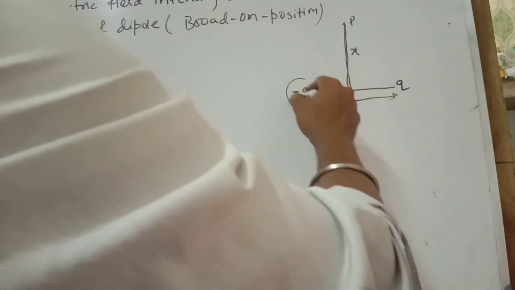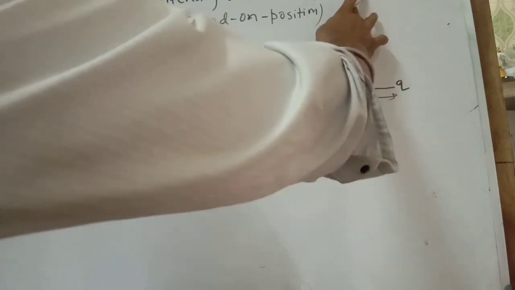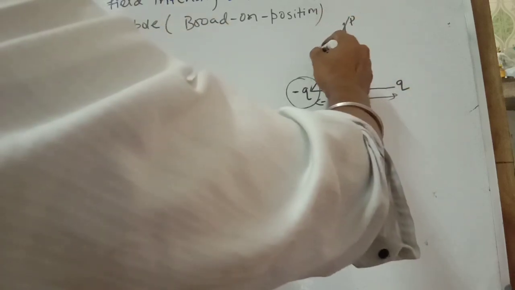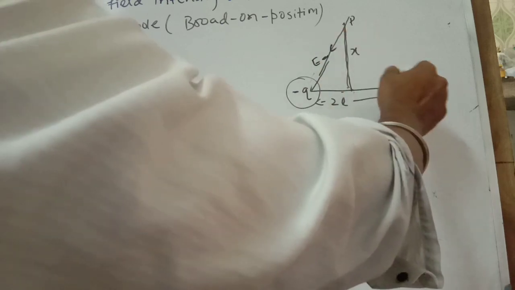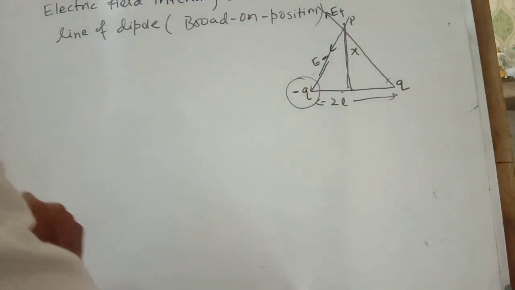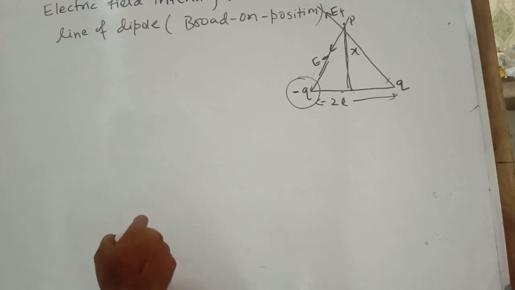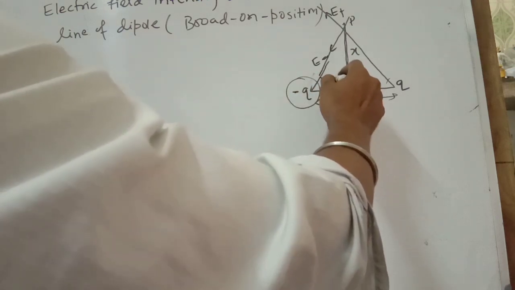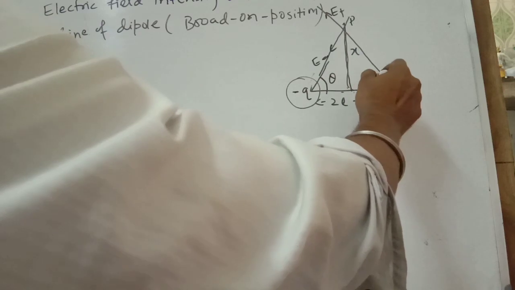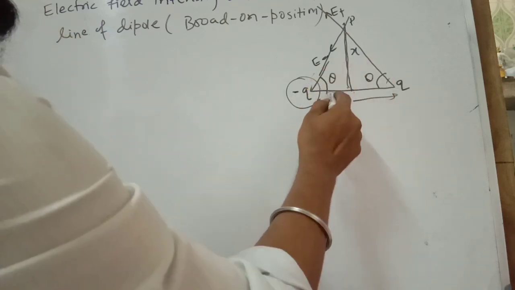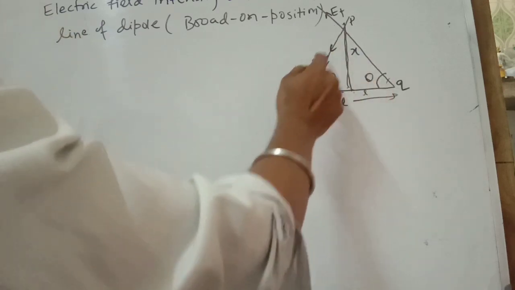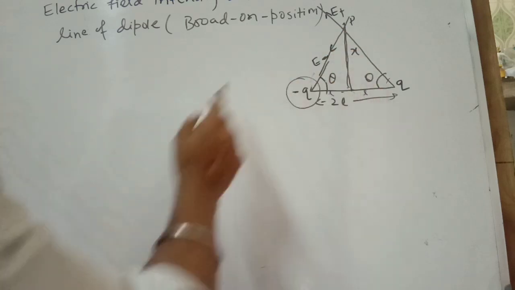Now due to the negative charge, the electric field direction will go towards the negative charge, so E minus. Due to the positive charge, the direction of the electric field will go away from the positive charge, so E plus. Let me consider this angle theta. It will also be theta, because these are L and L, so obviously this is an isosceles triangle, so theta and theta.